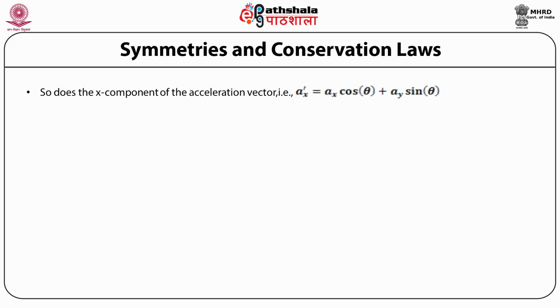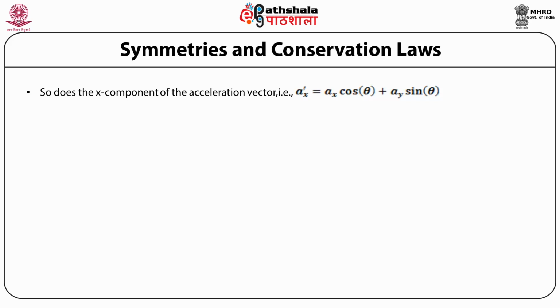So, when the force undergoes this kind of a transformation because of rotation about the z-axis through an angle theta, we also see that correspondingly the acceleration vector also goes through a similar transformation.